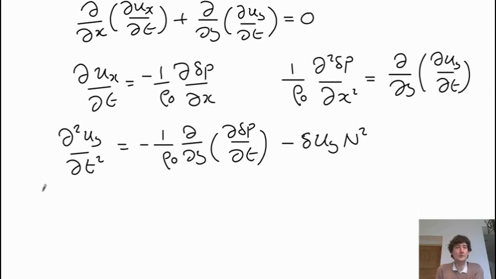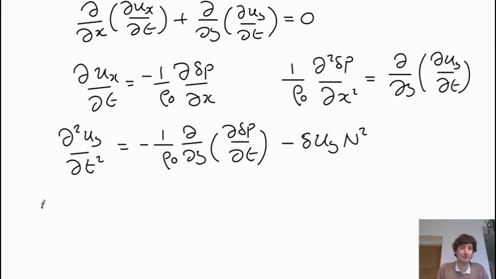So the trick here is to differentiate this twice with respect to x. So we're going to apply d2 by dx squared to this equation, and because the d by dx goes through rho naughts and d by dy's and d by dt's, this will let us get d2 delta p by dx squared.